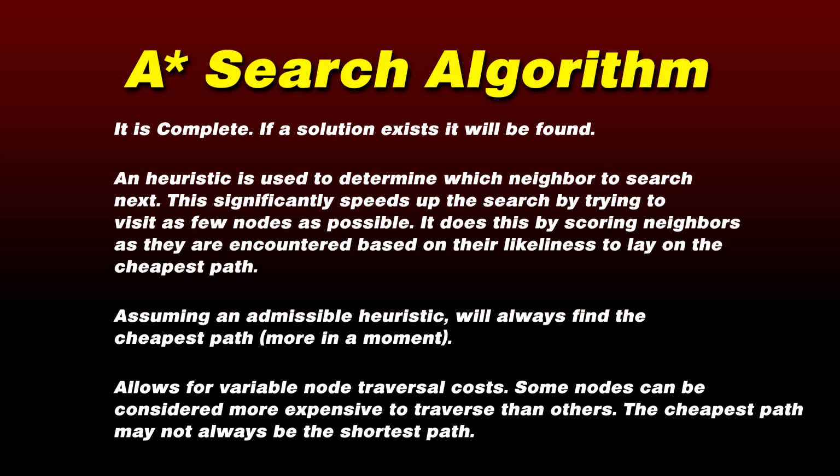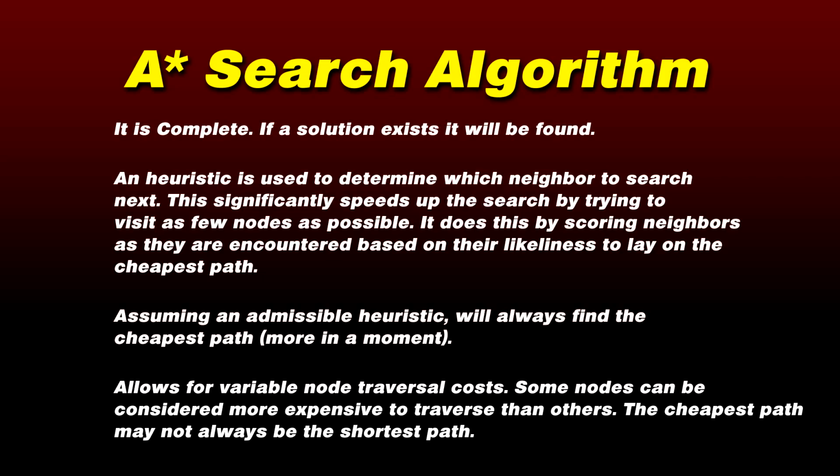Essentially, it tries to visit the least possible number of nodes by selecting the next neighbor to step into based on how likely it is to take us to the target along the optimal path. Next, assuming an admissible heuristic, and we'll talk a little bit about what that means in a moment, it will always find the cheapest path.